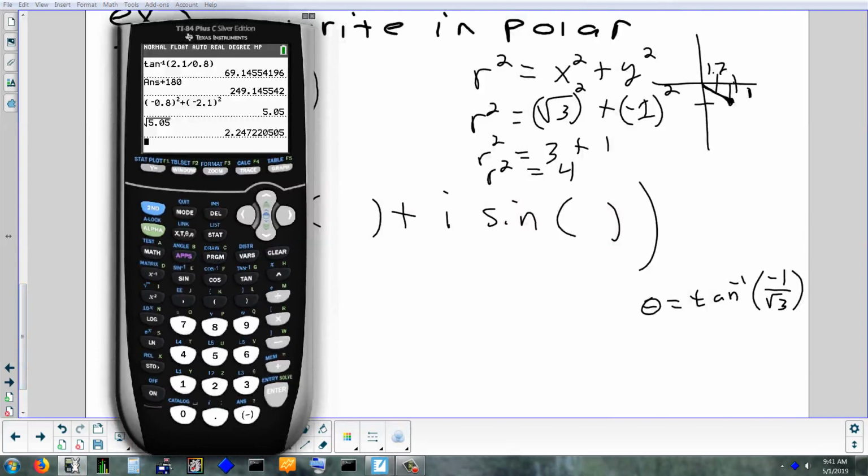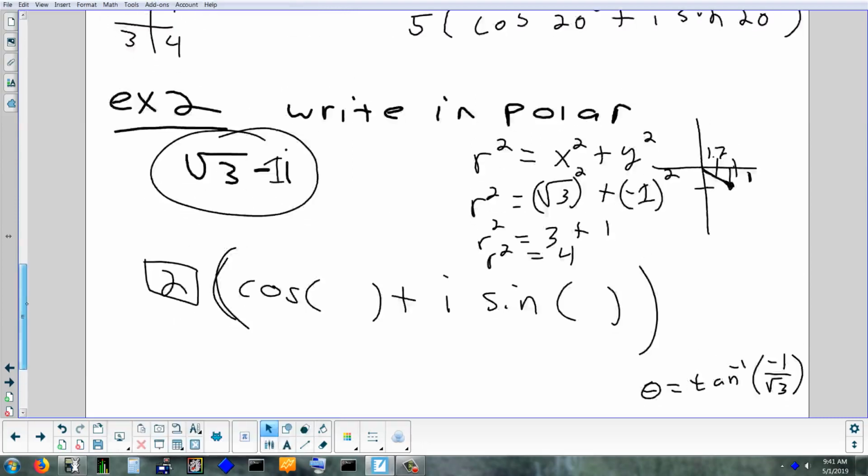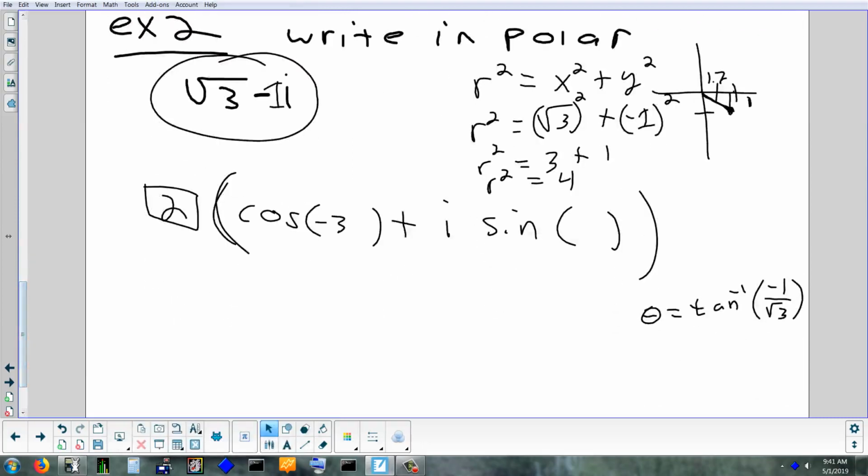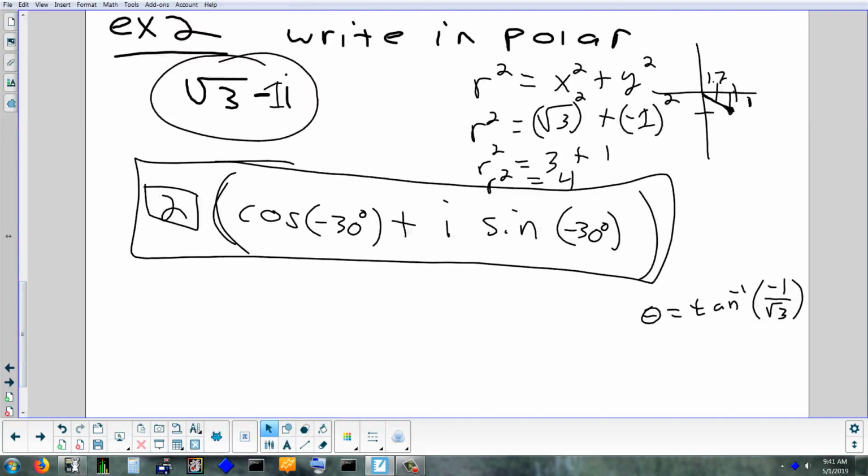This problem didn't say how to do it, but I prefer degrees, so let's do it that way. -1 divided by square root of 3. We get an angle of -30. And that is a perfectly acceptable answer.